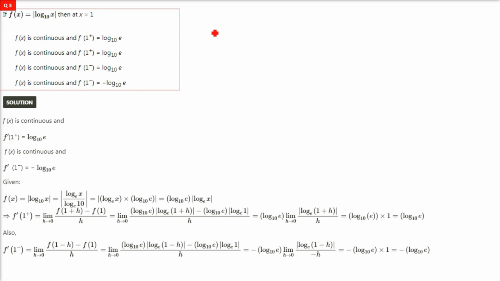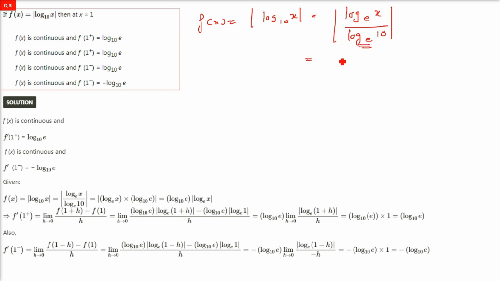So we'll resolve it. This fx is given as log base 10 x. So you can write it like this. Take the base as e. So it will be log base e x divided by log base e 10. This is how you can write.